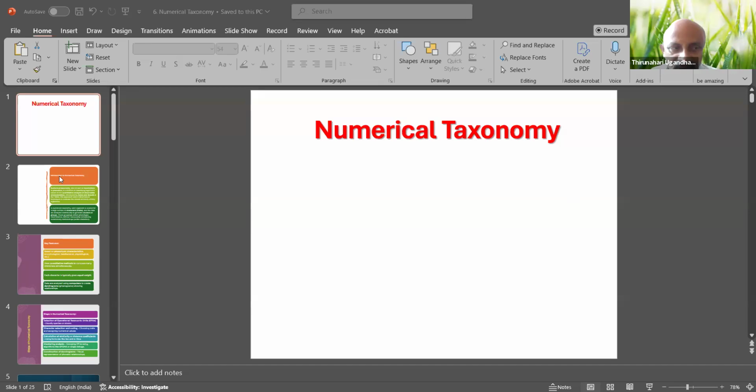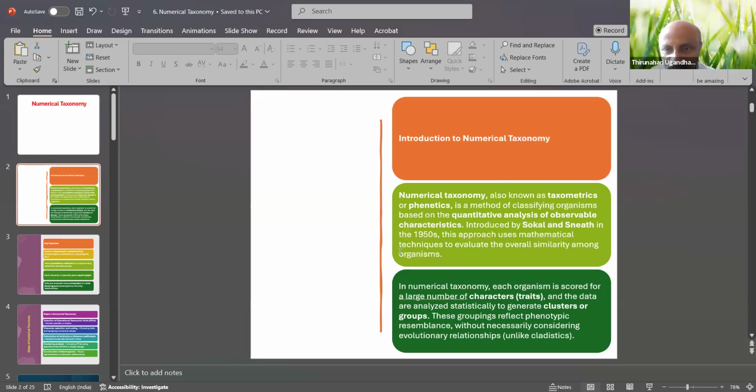Numerical taxonomy is important for the number of sepals and petals, for example 5 petals or 4 petals. The number is also constant.